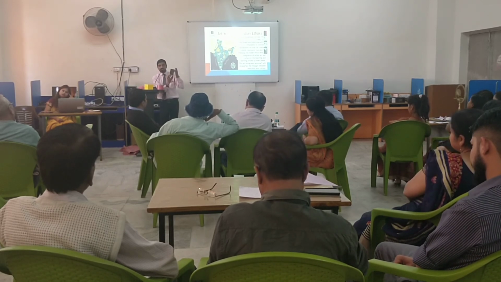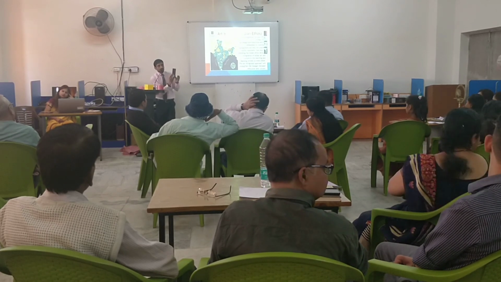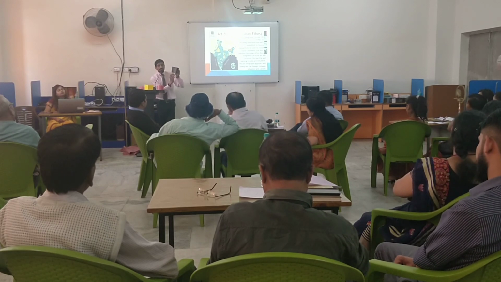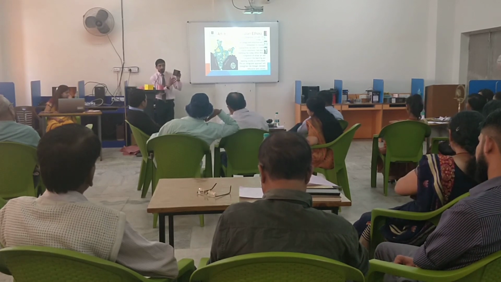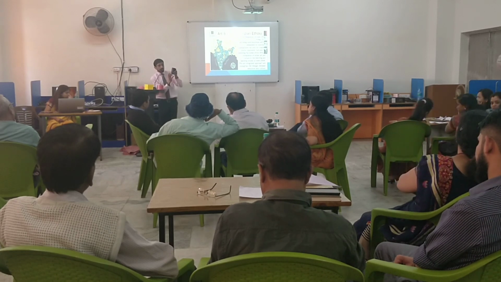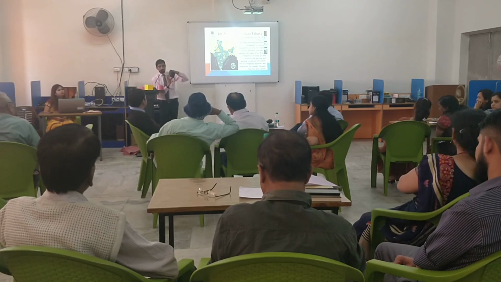But the length and width are different and the height is also different. So what will we call this type of shape? They are cuboidal in shape. This type of object is called cuboidal in shape.